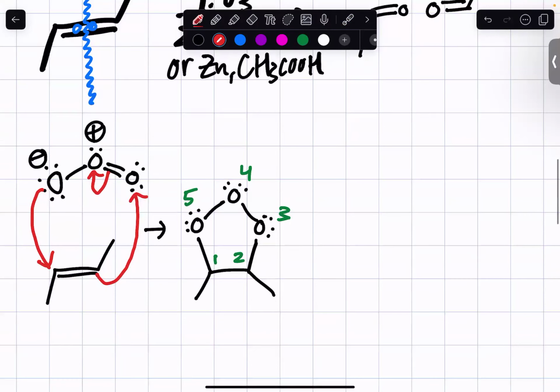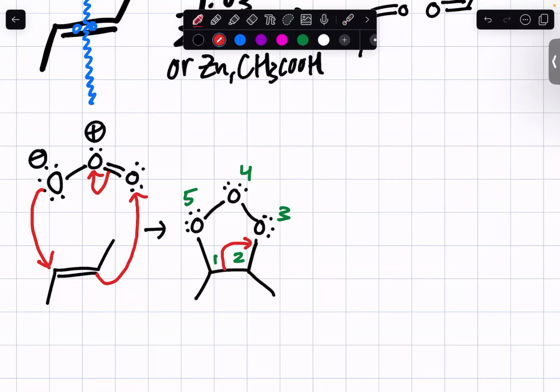So this bond between atom 1 and 2 is going to migrate and make a double bond between atoms 2 and 3 to make that carbonyl bond right there, which is a carbon double bond oxygen.